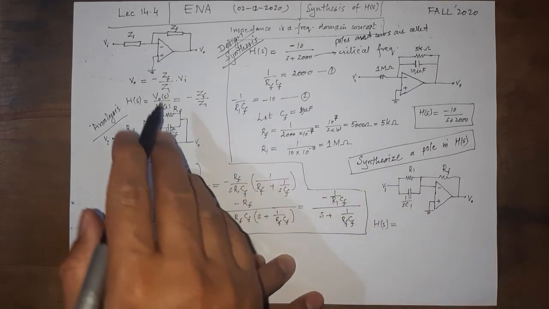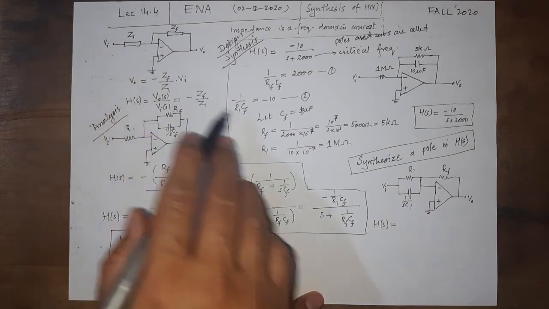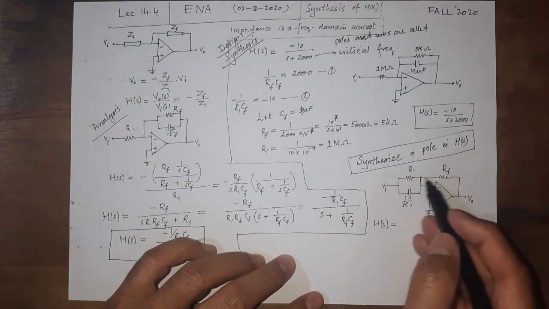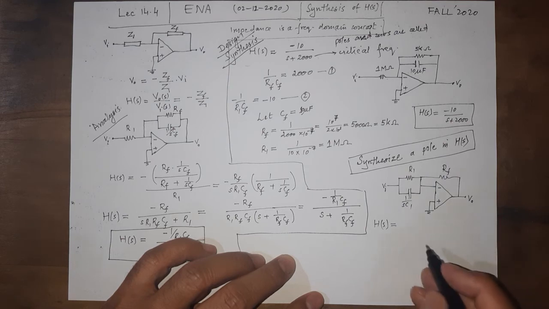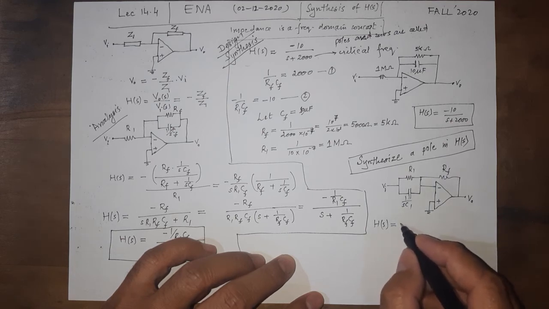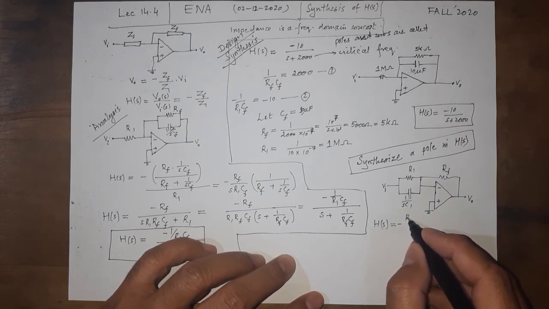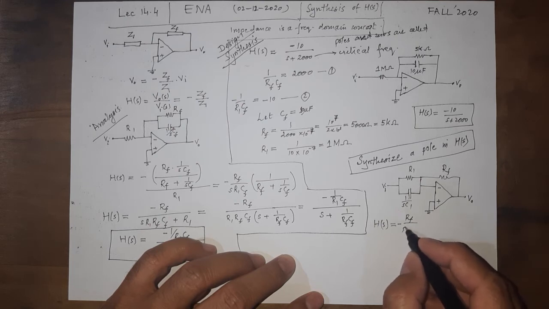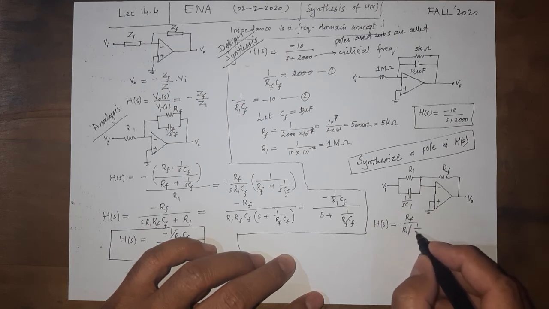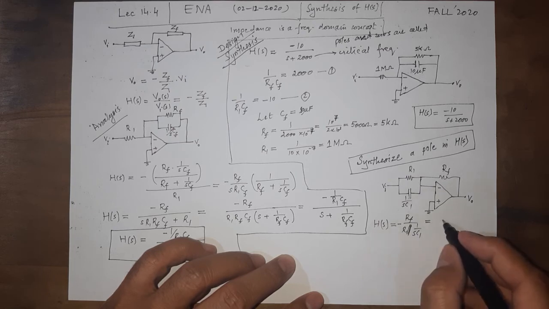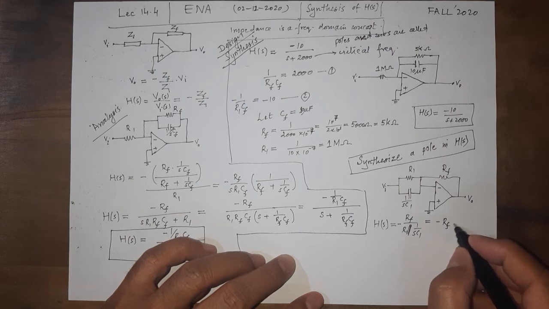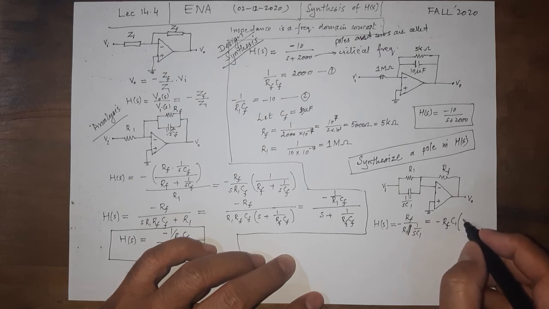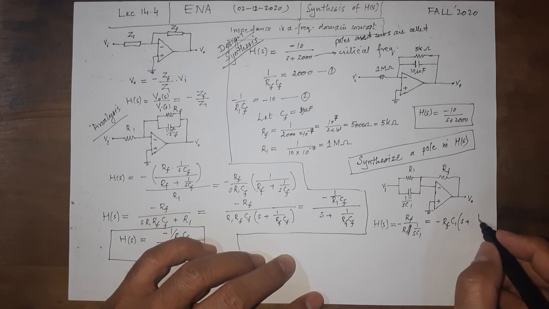Instead, I would like to just write what this would be. You would obviously start from the same thing. The transfer function is going to be minus RF over the parallel combination of this thing, so starting with minus RF over R1 in parallel with 1 over SC1. You are going to simplify this to find that this is equal to minus RF C1 (S plus 1 over R1 C1).